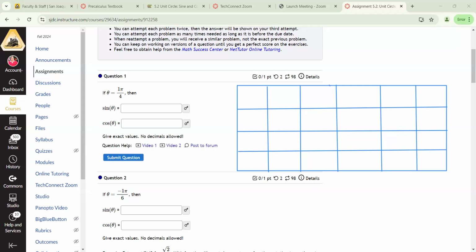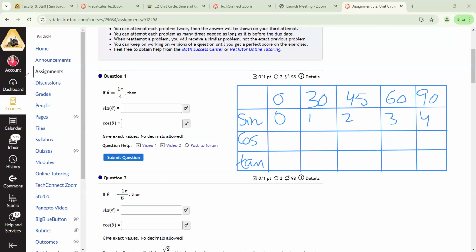So now I'm going to write in there. So this is sine, cosine, tangent. This is 0, 30, 45, 60, and 90. And again, I write from 0, 1, 2, 3, 4.